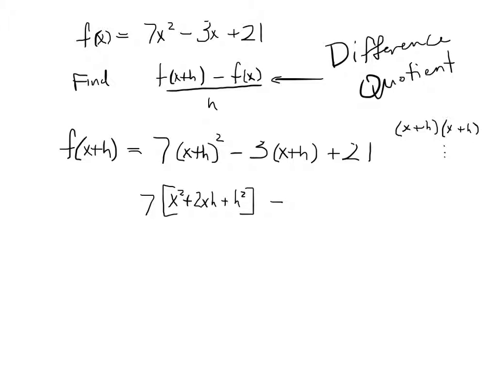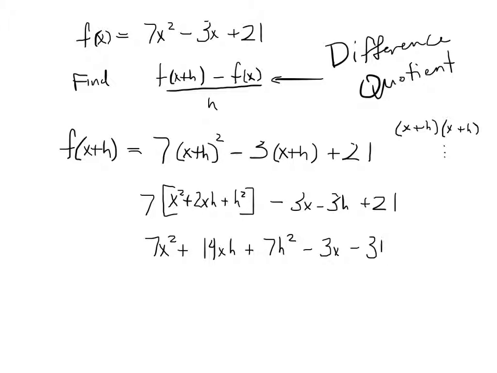Minus, I'm going to go ahead and distribute 3x minus 3h plus 21. All right. 7x squared plus 14xh plus 7h squared minus 3x minus 3h plus 21.